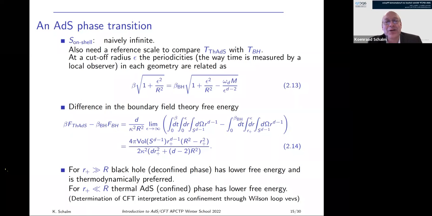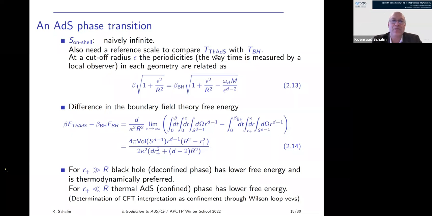I'm afraid I'm not familiar with that. Oh, okay, so you don't talk about bulk reconstruction from CFT data in your lecture. No, I'm not going to talk about that. I don't know the specific paper, but I do know what these people are trying to do.